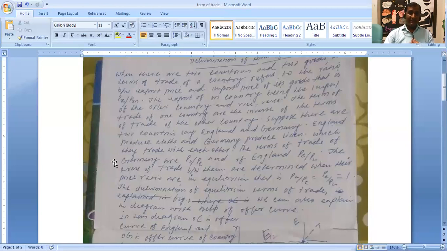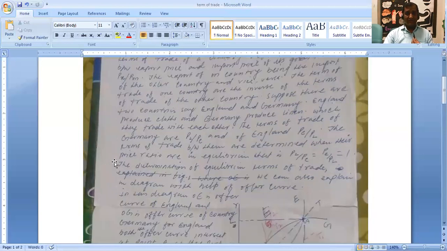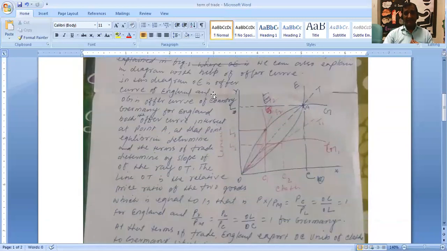The determination of equilibrium terms of trade we can also explain with the help of diagrams. Suppose the y-axis shows the linen and the x-axis shows the cloth. Linen is produced by Germany and cloth is produced by England.